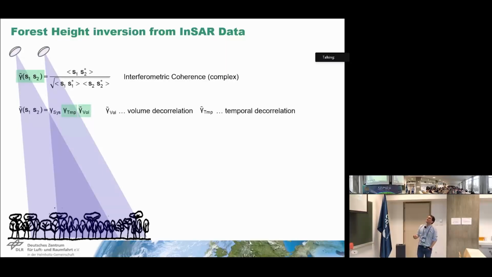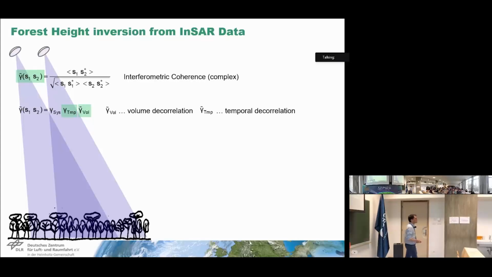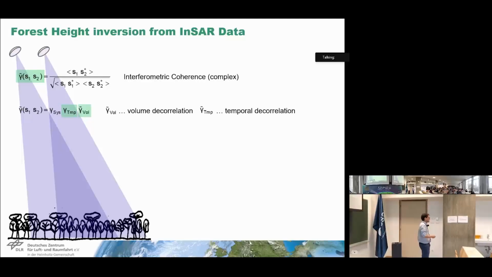This interferometric coherence you factorize into different contributions. If you have a system decorrelation, you would like to calculate and compensate it. If you have temporal decorrelation, you would like to estimate it, or even better, you don't want to have it, but for this you need to change radar.